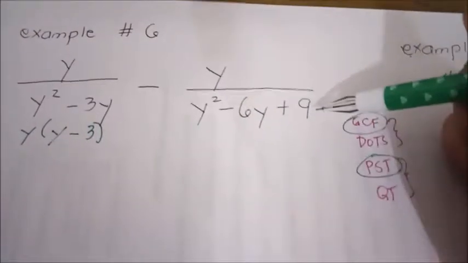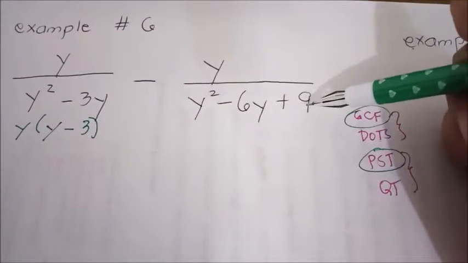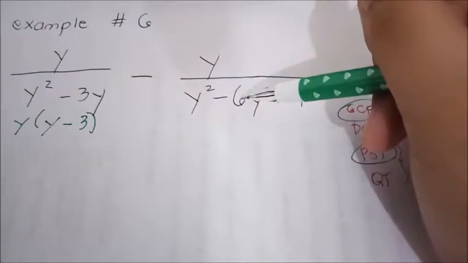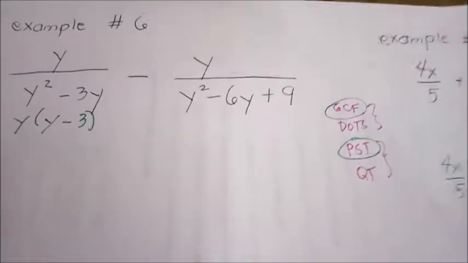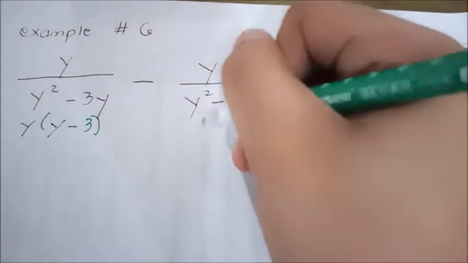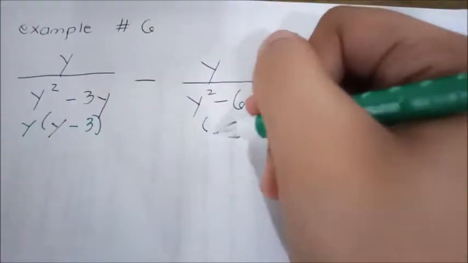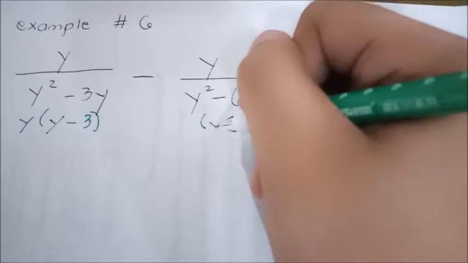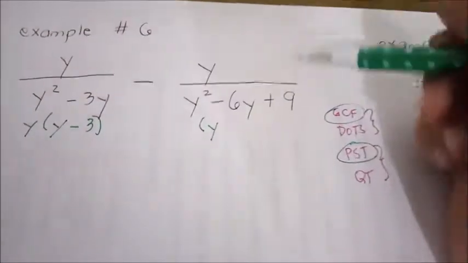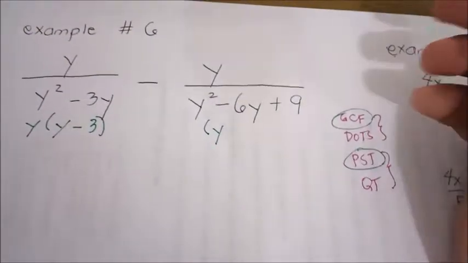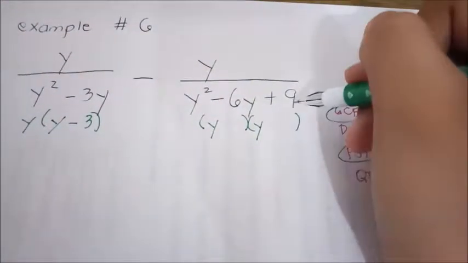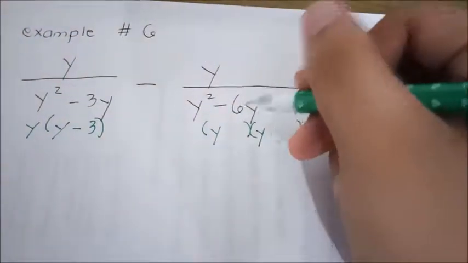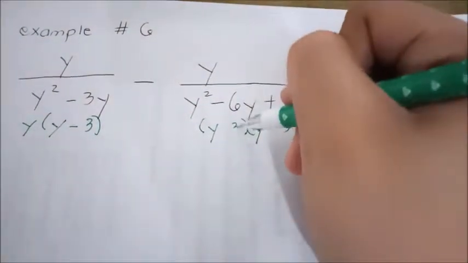Ano bang factors ng 9 ang kapag ini-add 6 ang lalabas? If you answered 3, then you're also correct. Sulat natin. Siyempre, square root of y squared or factors of y squared, edi y yan. Then, factors ng 9 na ang lalabas kapag ini-add is 6, edi 3 and 3.